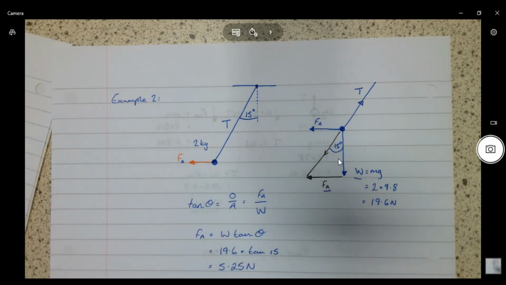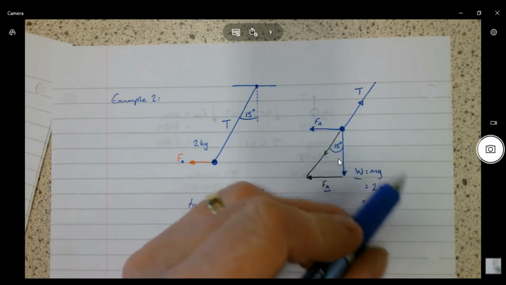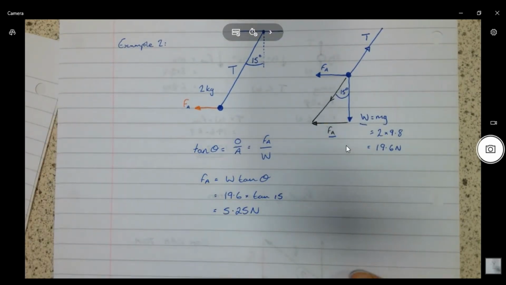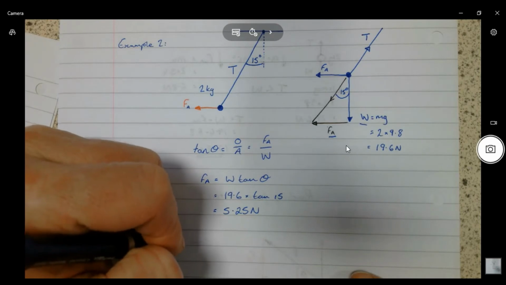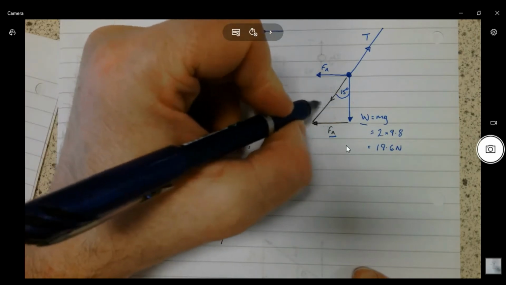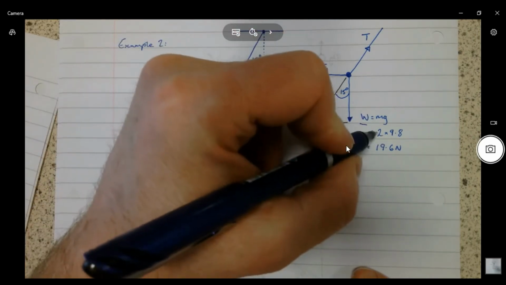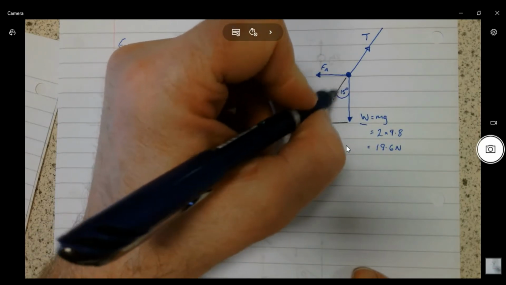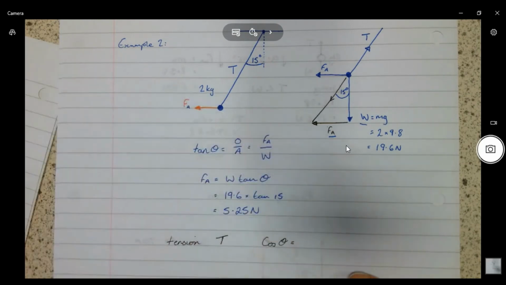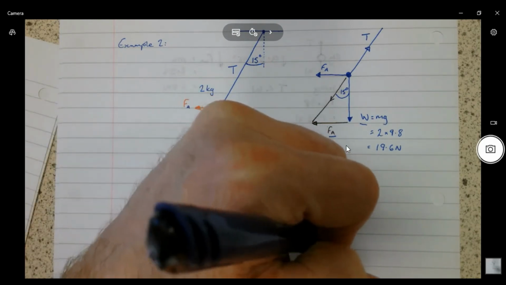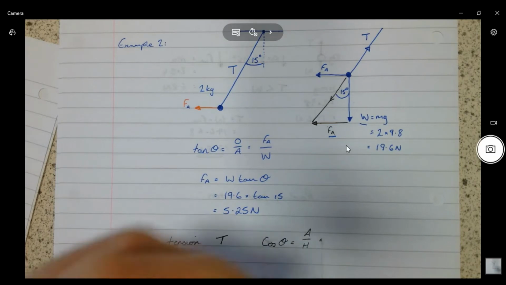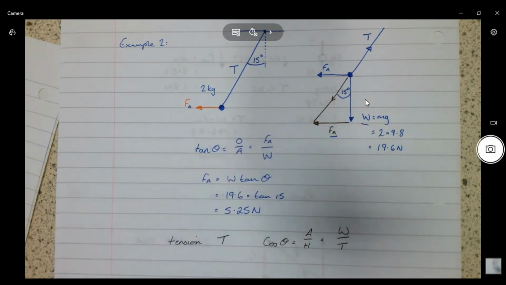We can work out the tension as well. Let's stick with our weight. So calculate tension. Tension here is the hypotenuse. If our weight is adjacent to the angle, we're going to use cos theta, adjacent over hypotenuse. So the tension there is the hypotenuse, we've got weight, we've got tension.